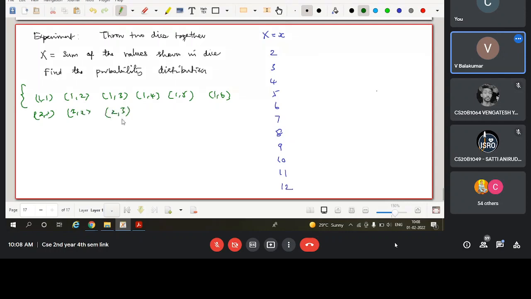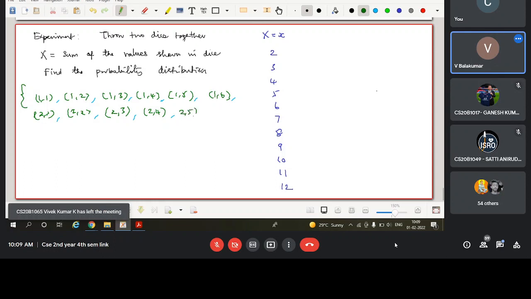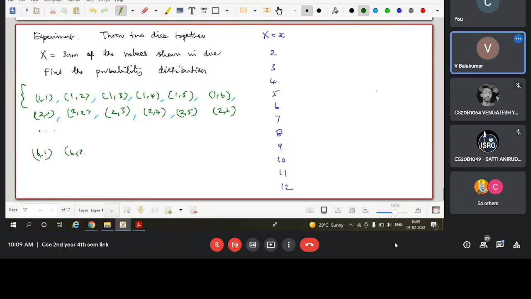Usually I'll be splitting these things by a comma: first outcome, second outcome, third, fourth, fifth, sixth, seventh, eighth, something like this. Finally, I'll be having 6-1, 6-2, 6-3. Yeah, these are the 36 possibilities.